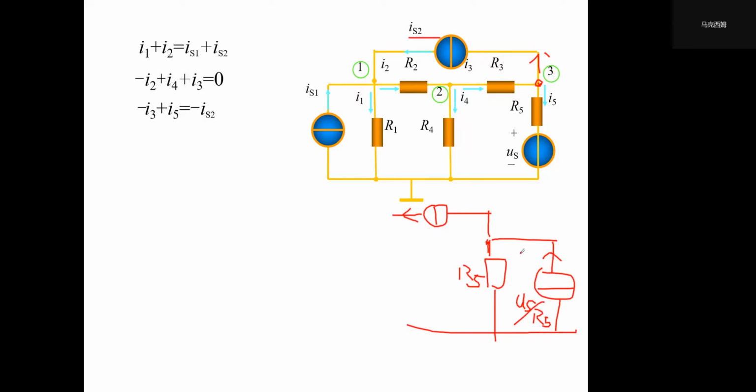This is the trick we have learned to transform a series connected resistor with a voltage source into a current source with a parallel connected resistance. Then we also have this resistor R3. So for node 3, we have two current sources flowing in, right?